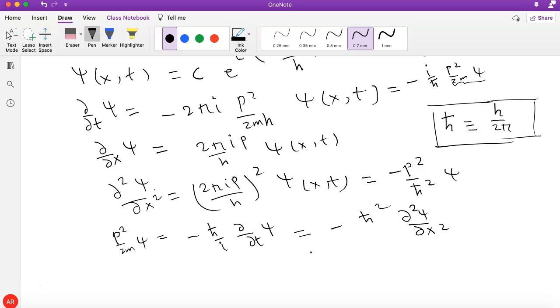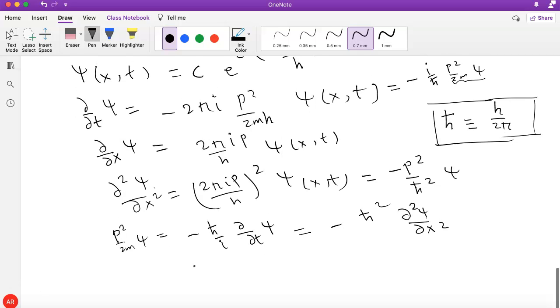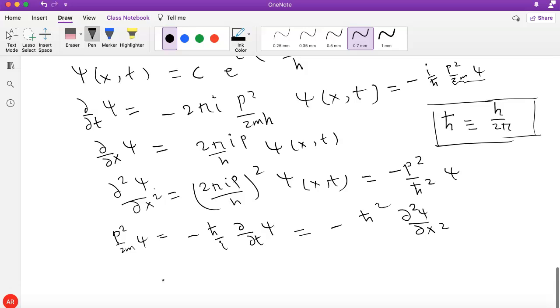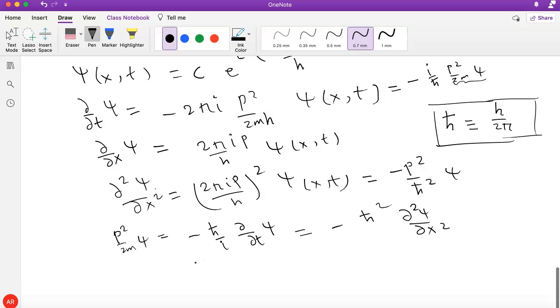So the equation that governs this free particle that doesn't experience any potential, any forces, it has a constant fixed momentum, is going to be, I can manipulate this a little bit and write, so 1 over minus i is i, so it's going to be i h bar, right, because i squared is -1.